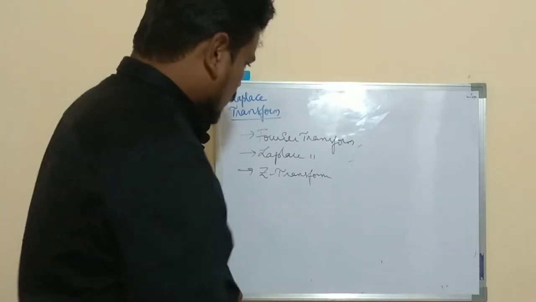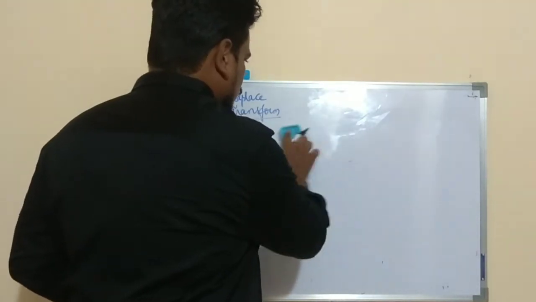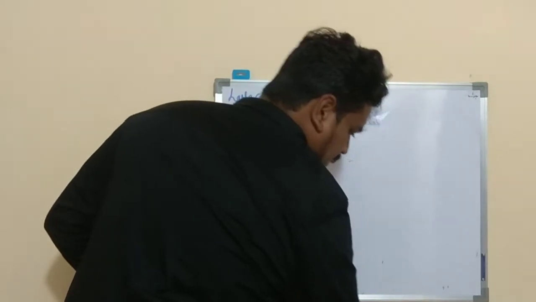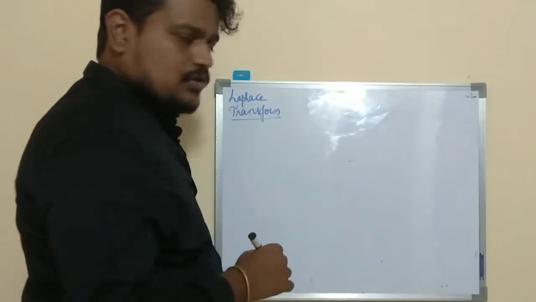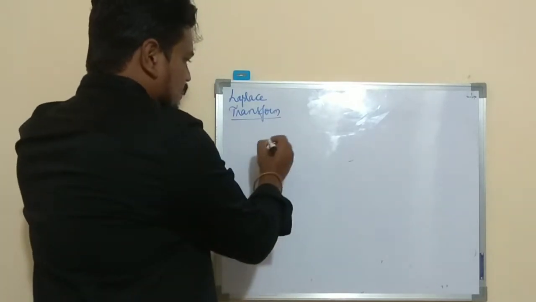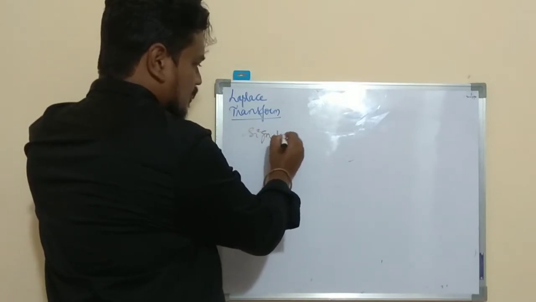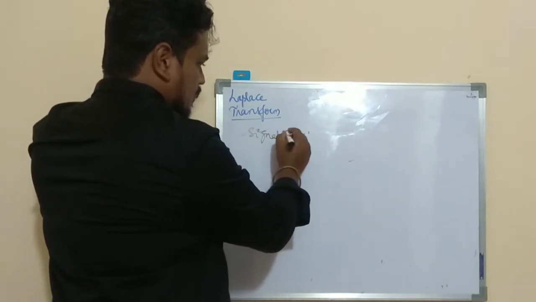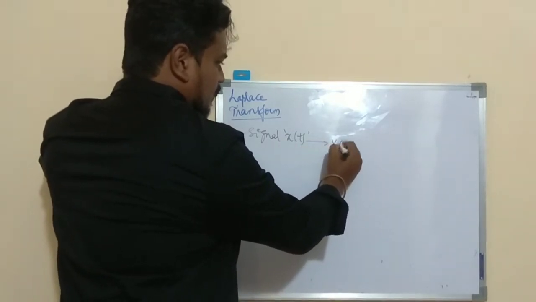Before going into the topic, I want to give you a brief introduction about this Laplace transform. This will make you analyze the signal. Let us suppose you have a signal x of t, then this signal will be converted into x of s.